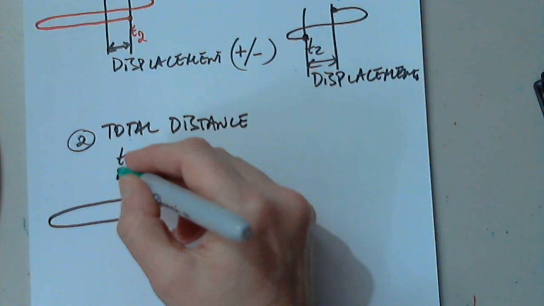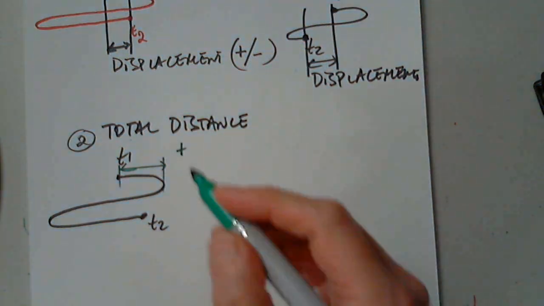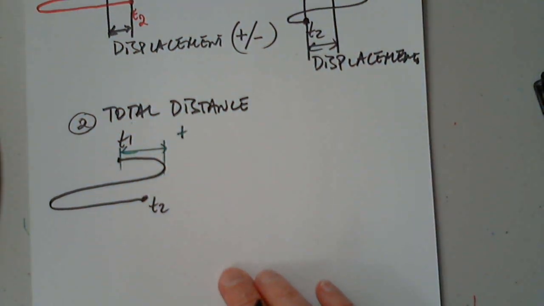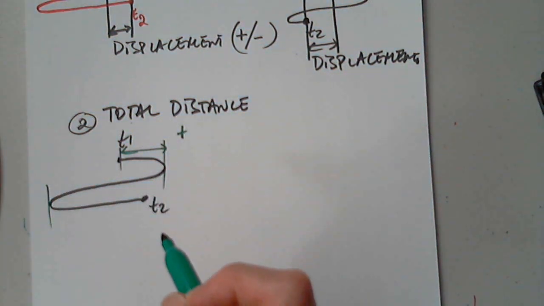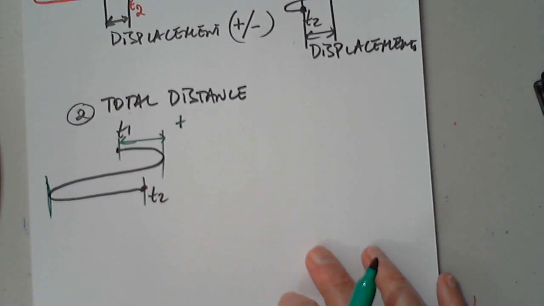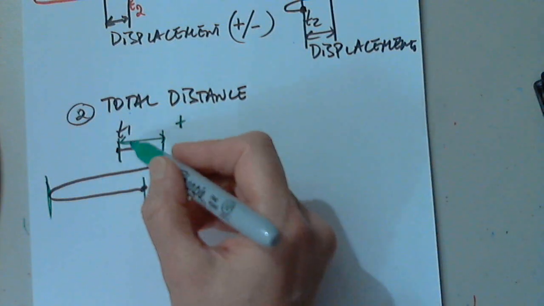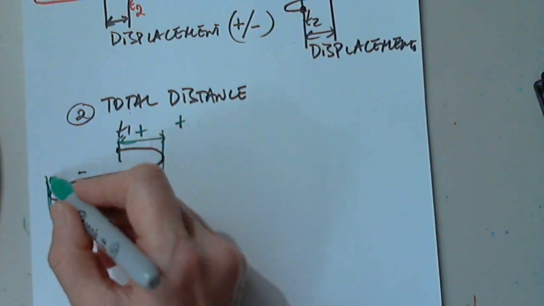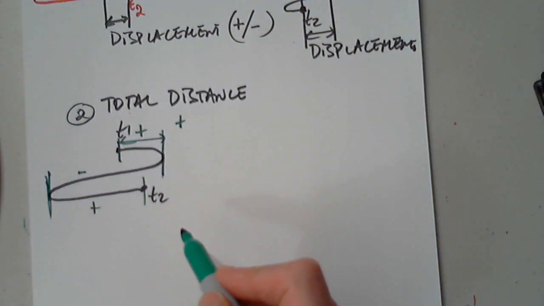So we took this distance because it was positive, but we still put an absolute value next to it. Then we took this distance and we put the absolute value next to it. And then we added this distance and we put the absolute value to it. So the total distance was this, which is positive, this, which is negative. That's why we put the absolute value. And then this was positive.